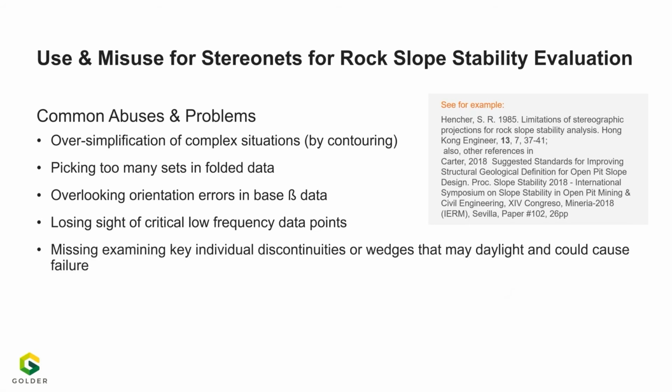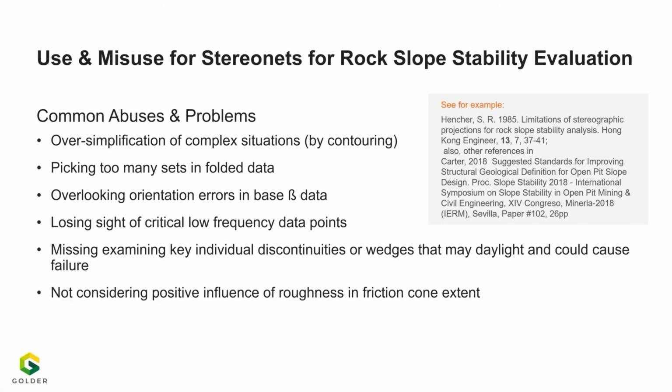Angela showed you the issue with respect to low frequency data points, and missing key individual discontinuities with low shear strengths is a key issue that we must always bear in mind when doing work on a StereoNet. The friction cone we apply, very often we only assume the lowest value, but there's a positive influence of roughness, and we should look at a range of friction cones to see what is the control.